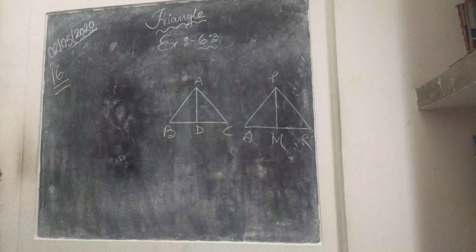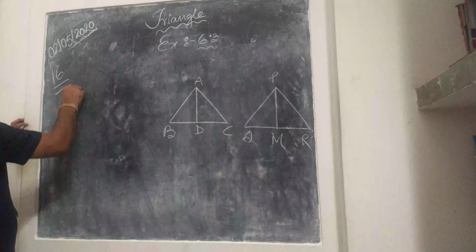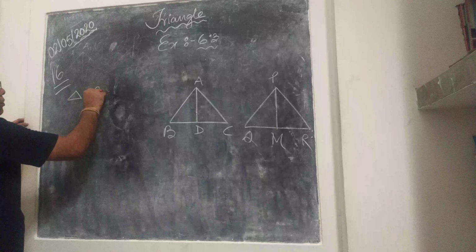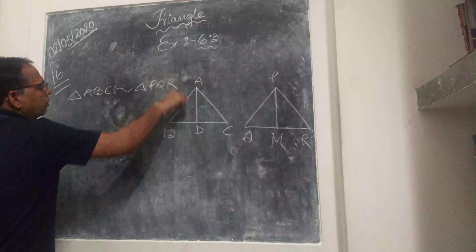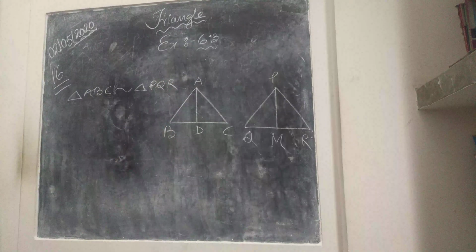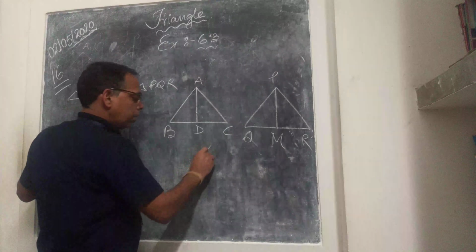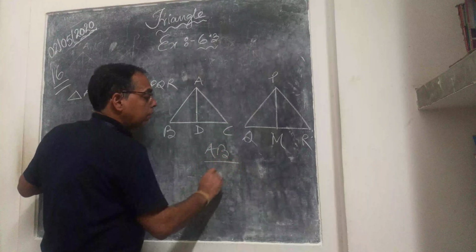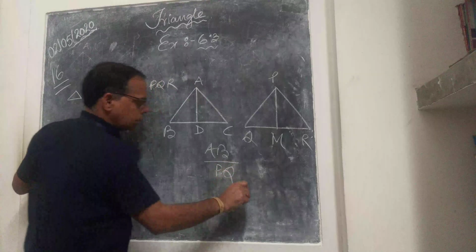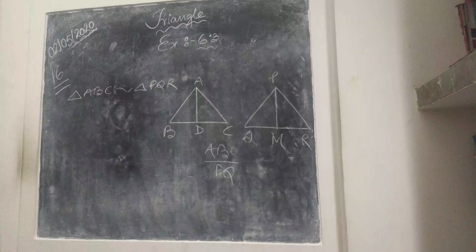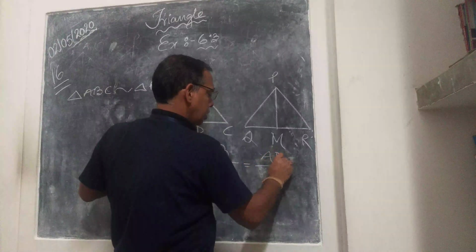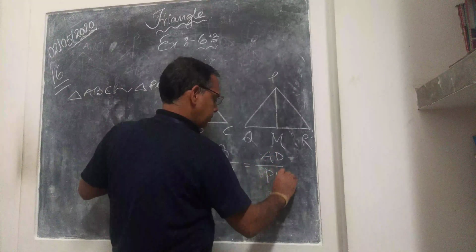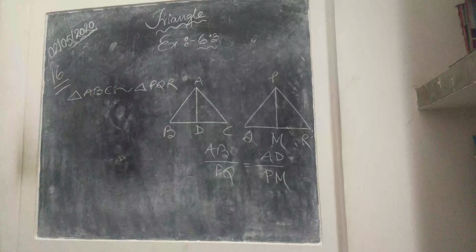First of all, it is given that triangle ABC similar to triangle PQR. You have to prove that AB by PQ equal to AD by PM.